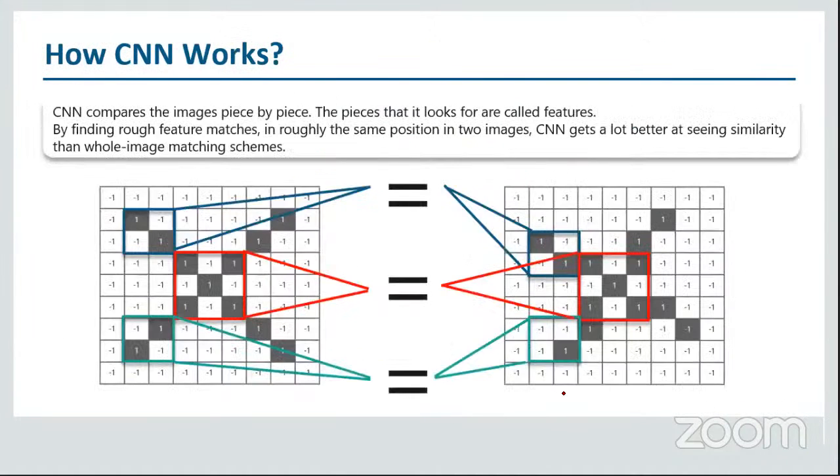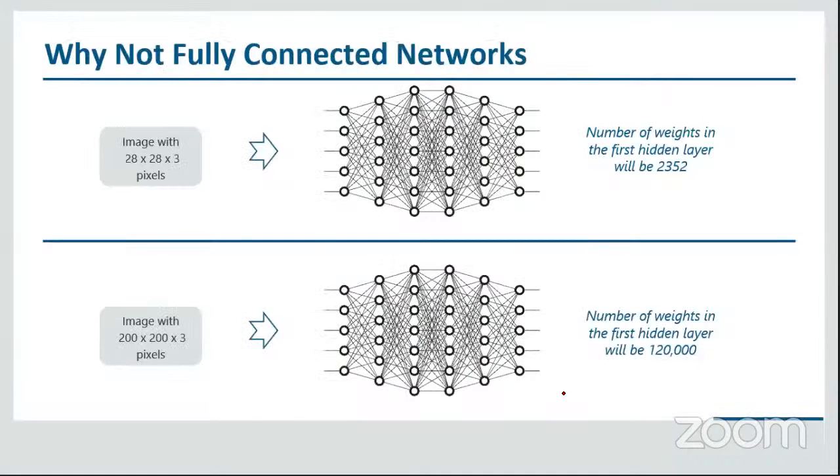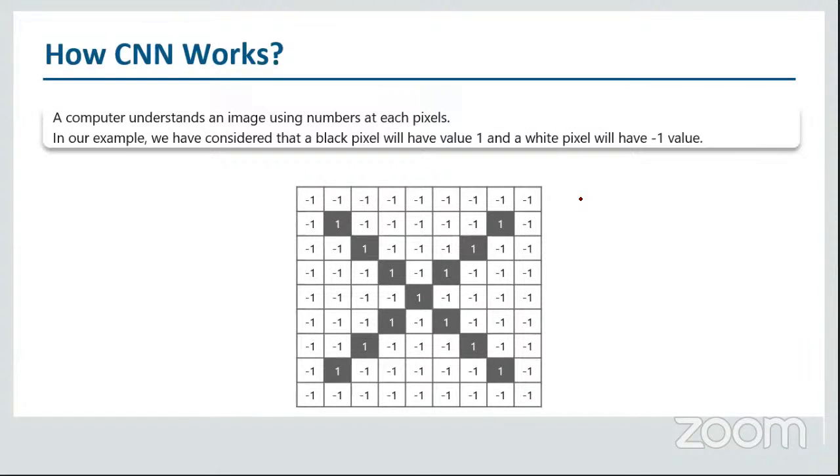Now, if you see, we came here trying to compare whether this x and this x are the same. That was our problem statement. So we get the pattern for our first, where we said we will replace all black boxes with 1 and all white boxes with -1.